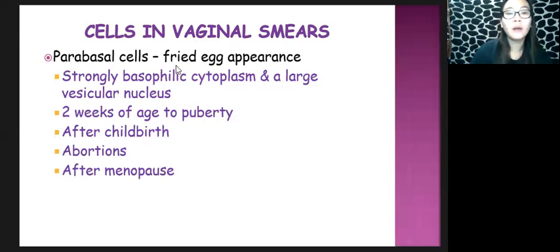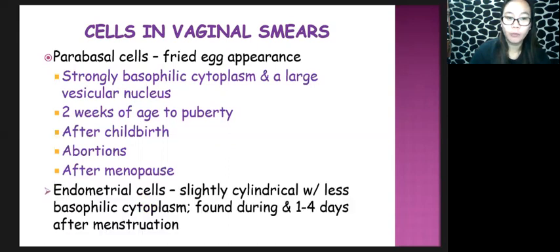So we have your parabasal cells. They are strongly basophilic, and they usually have a large vesicular nucleus, and they are seen in the following: 2 weeks of age to puberty, after childbirth, abortions, after menopause.